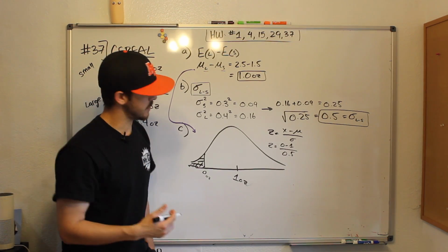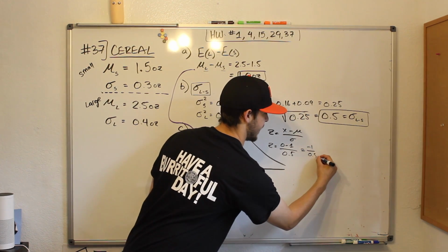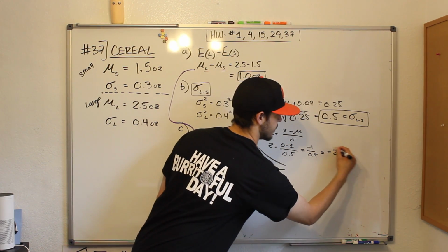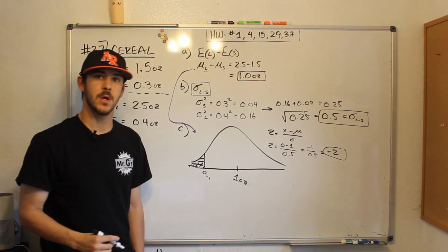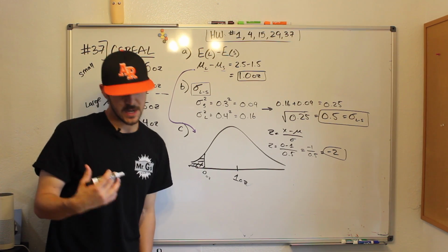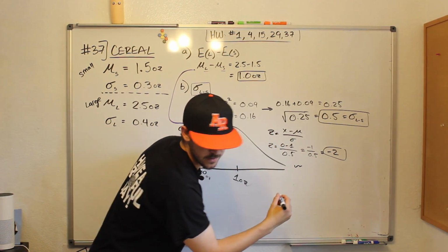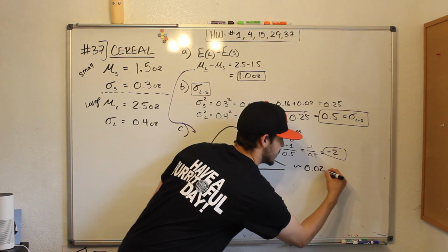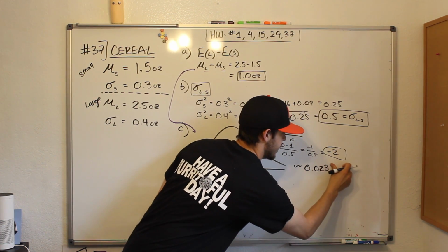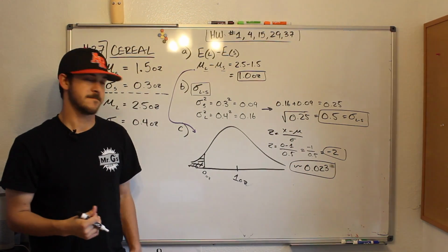When we do this, we end up with negative 1 over 0.5, which equals negative 2. When we use our blue sheet and look for a z-score of negative 2, we end up with a probability of around 0.023, or you can call that 2.3%.